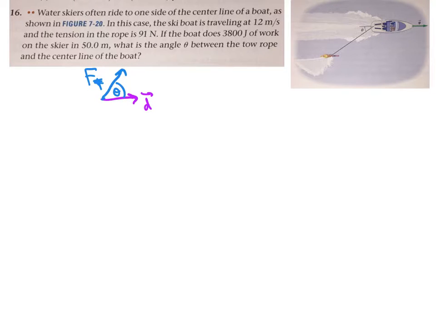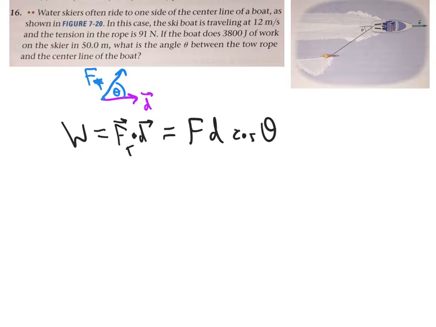We know from the definitions that the work done between a force and a displacement is their dot product, which is the product of their magnitudes times the cosine of the angle between them, conveniently labeled here as theta.